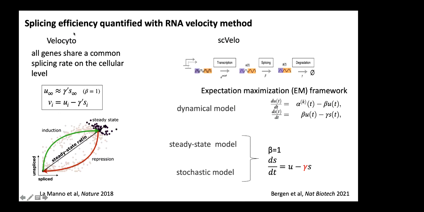ICV law is a very useful extension of velocity, which first proposed the concept of RNA velocity. Velocity first infers the steady state ratio and then determines the velocity as the deviation of the observed ratio from the steady state ratio.